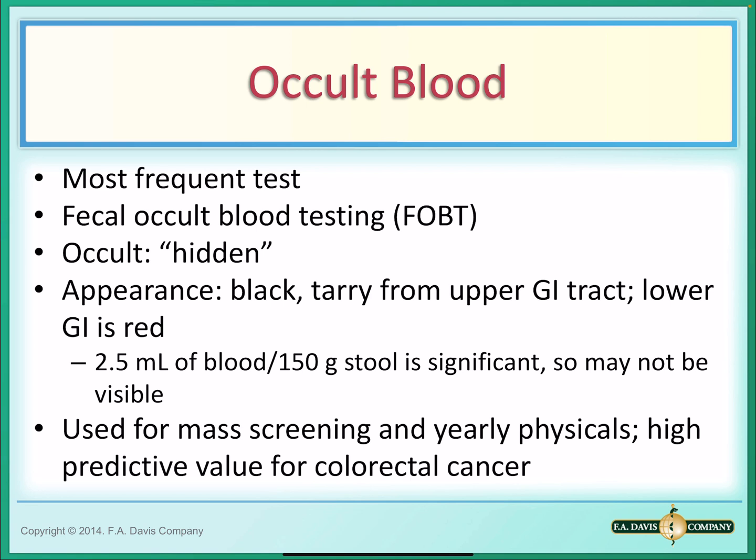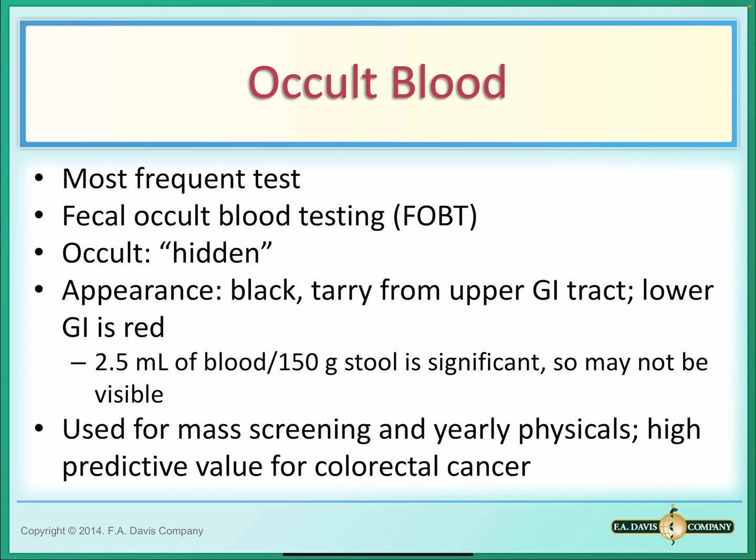Another test that we do very frequently in the laboratory as we are examining the stool is called the occult blood test. This is by far the most frequently performed fecal test, which helps us identify occult or hidden blood. Remember that bleeding in the upper gastrointestinal tract may produce a black tarry stool, and bleeding in the lower gastrointestinal tract may result in an overtly bloody stool.